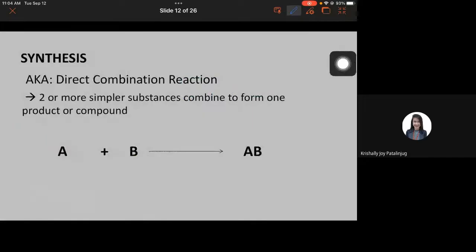So let's begin with the first type of inorganic chemical reaction. This is known as synthesis, or in other references, we call it direct union or simply combination reaction. That's why it's written there.